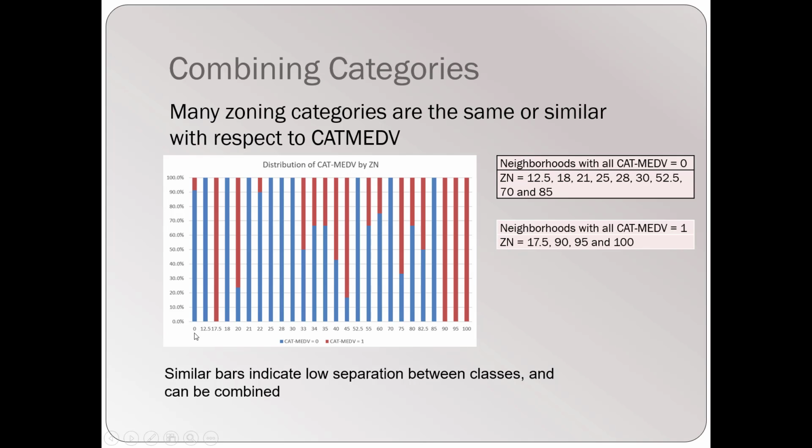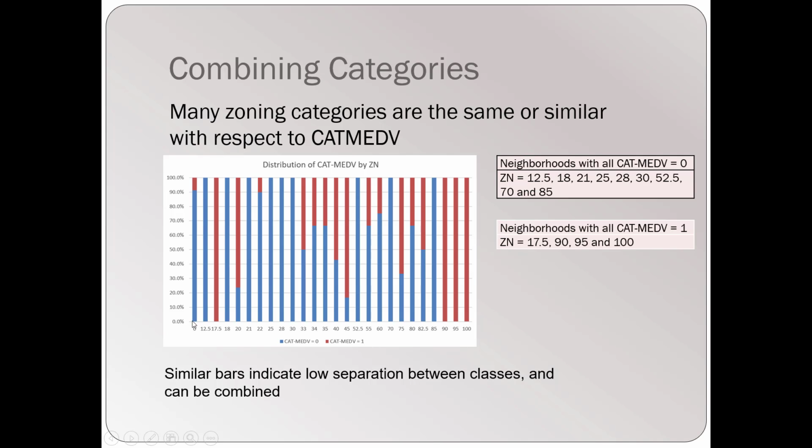Which means for each ZN value, what percentage is cat med v 0 and what percentage is cat med v 1?